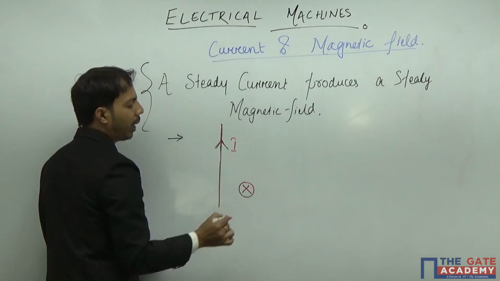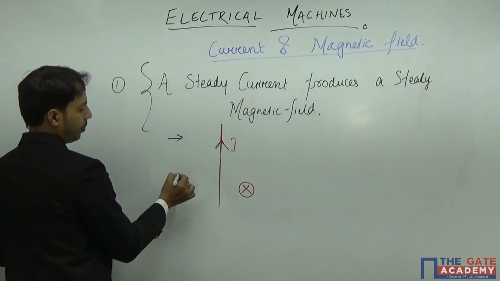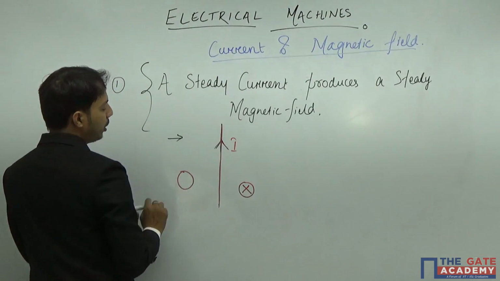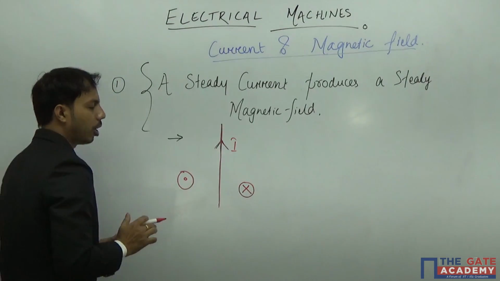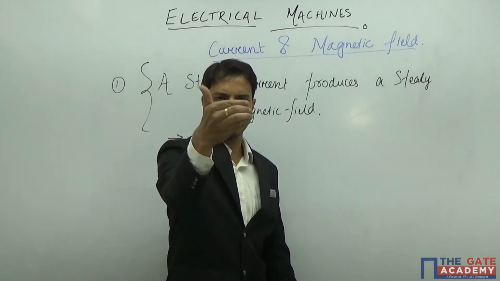We can denote it by a cross. Similarly, at this particular point, it is coming out, so we can denote it by a dot. Or in other words, we see this is the direction.